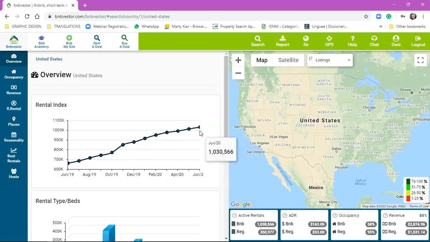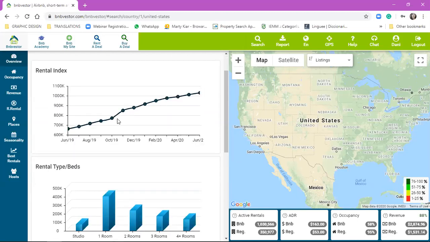And then by June of 2020, there's almost 2 times that amount. So in 1 year, it means that this BNB business has taken over the whole hotel industry and it's growing very fast. Okay.